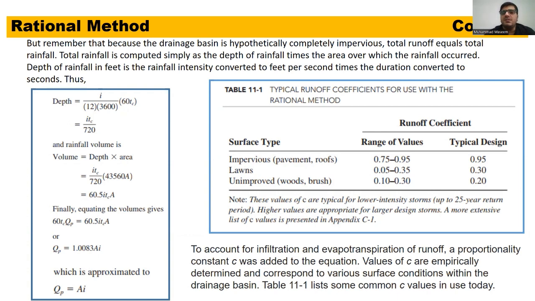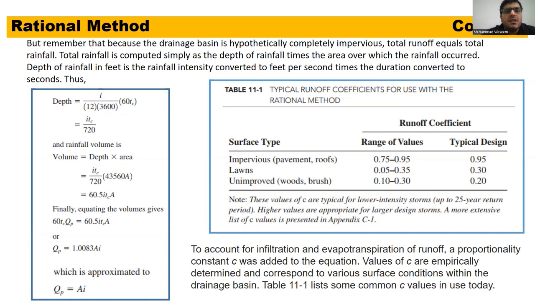And then we introduced the runoff coefficient C to account for the losses from infiltration and evapotranspiration, and it has different values. Its value ranges from 0 to 1. Then we found the volume for both cases, equated both these volumes, and proved the formula QP is equal to CIA.